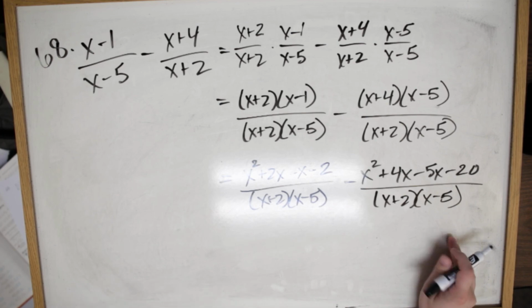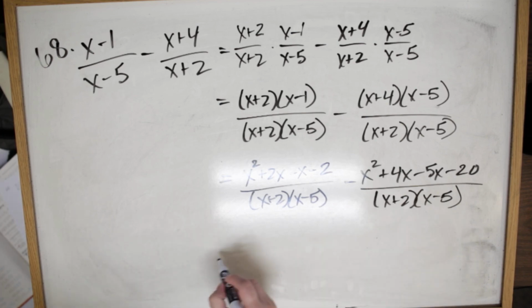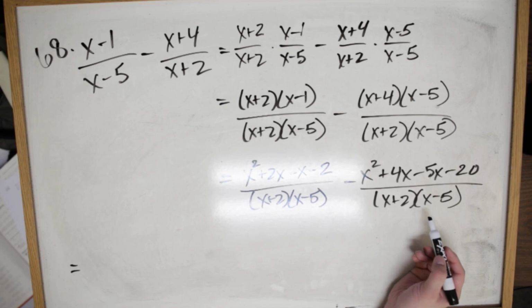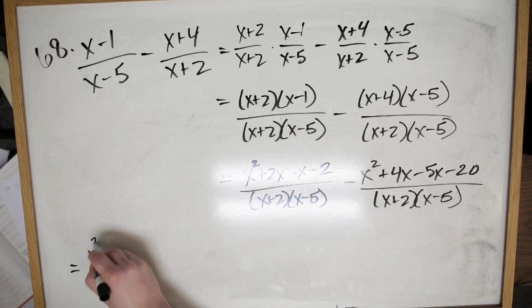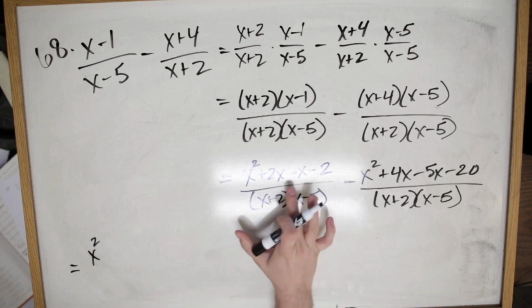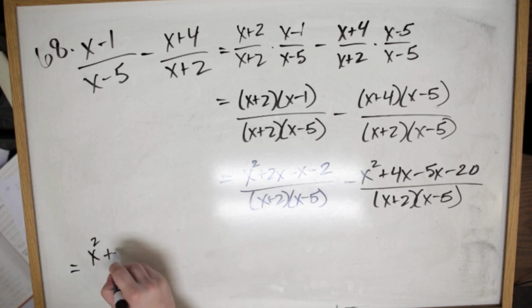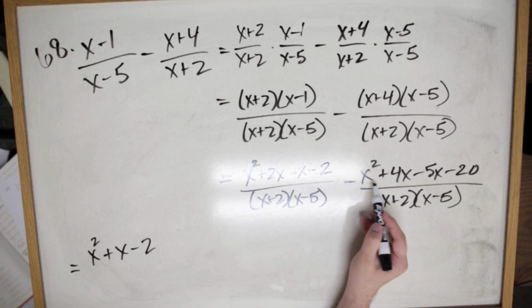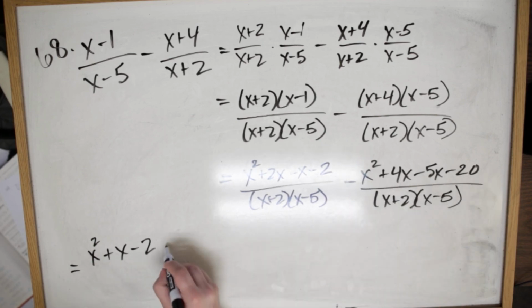Okay? So now, I'm probably going to need some space, so let me come down here. Now we can combine them because they have common denominators. So x squared, let's just simplify this. This is going to be a plus x minus 2 minus every single one of these pieces, okay?